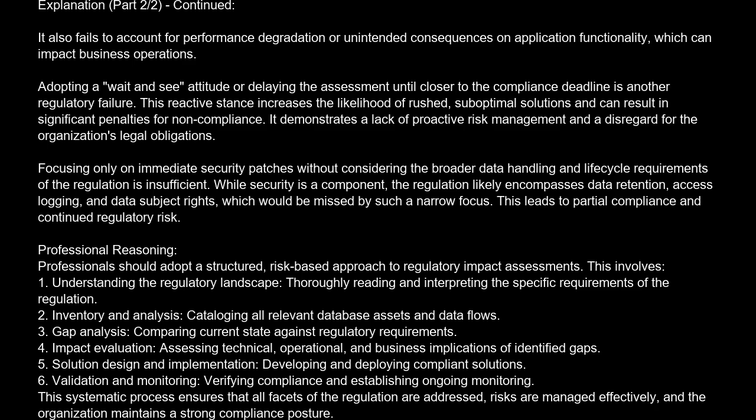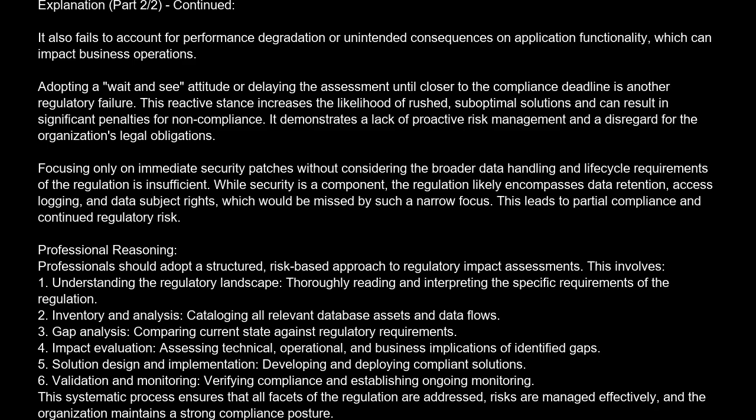Adopting a wait-and-see attitude or delaying the assessment until closer to the compliance deadline is another regulatory failure. This reactive stance increases the likelihood of rushed, suboptimal solutions and can result in significant penalties for non-compliance. It demonstrates a lack of proactive risk management and a disregard for the organization's legal obligations.